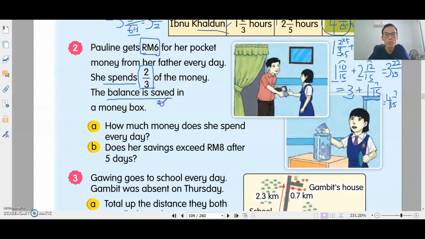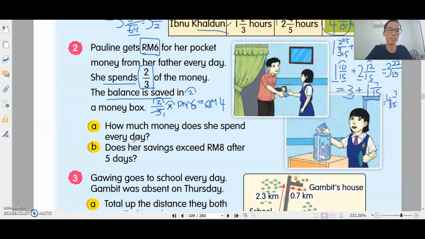So you take 2/3 times the 6 ringgit. This one is the same sphere 3, so you divide by 3. 3 divided by 3, 6 divided by 3. 2 times 2 is 4. So she spent 4 ringgit every day.